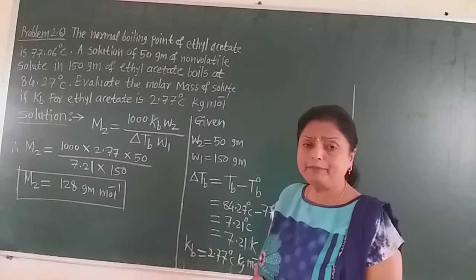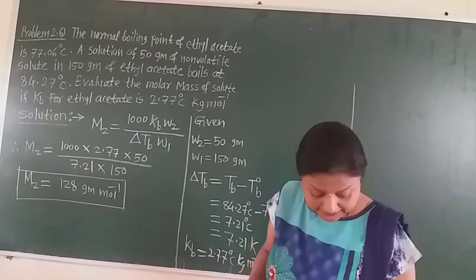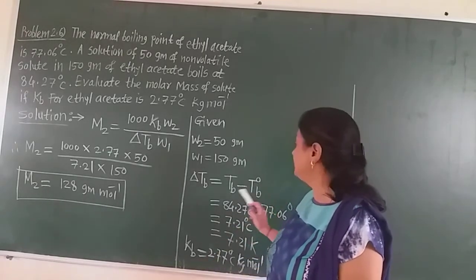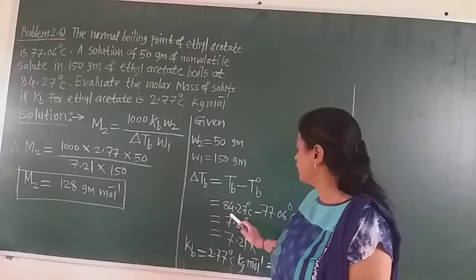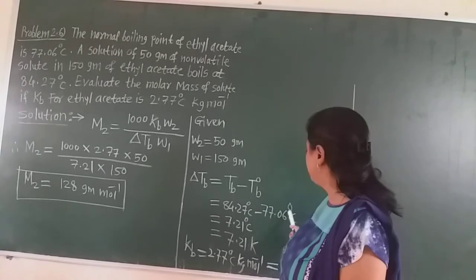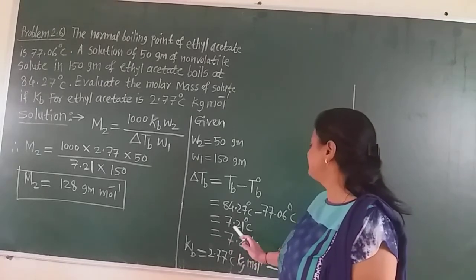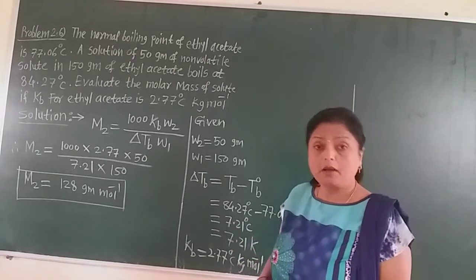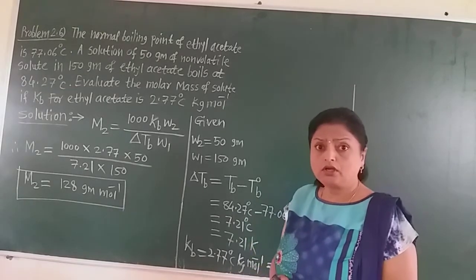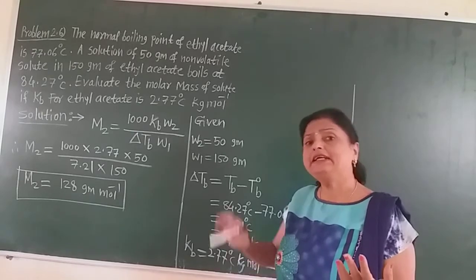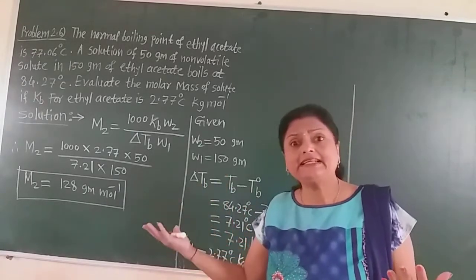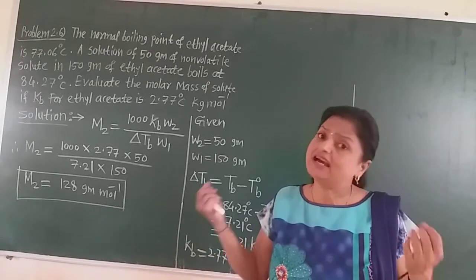From these two temperatures we can calculate the elevation in boiling point by subtracting T0B from TB. So 84.27 degree centigrade minus 77.06 degree centigrade is equal to 7.21 degree centigrade. But students, this is a difference in temperature, and a difference in degree centigrade and a difference in Kelvin are always equal.